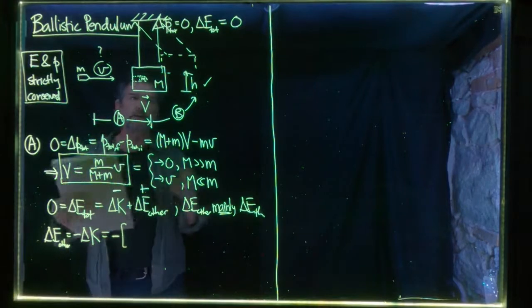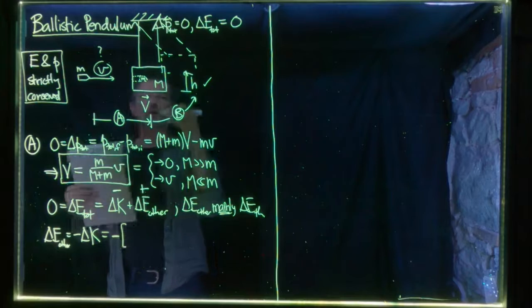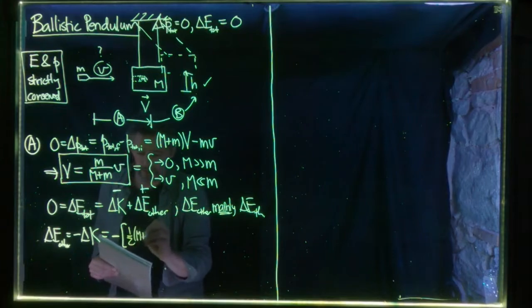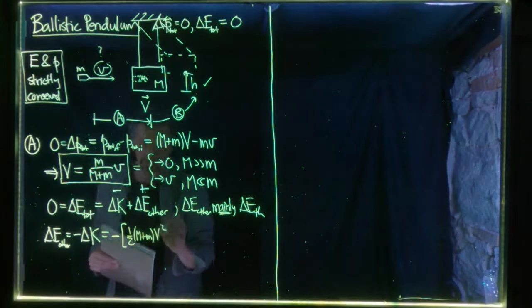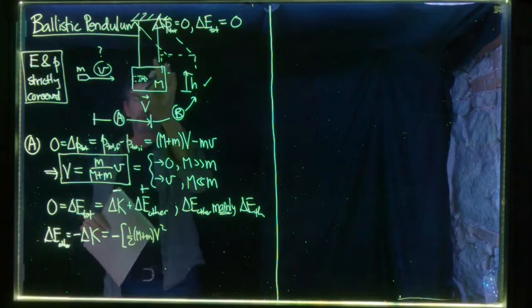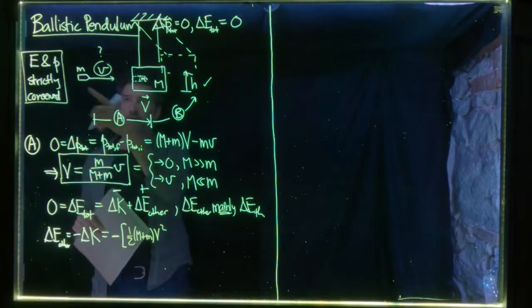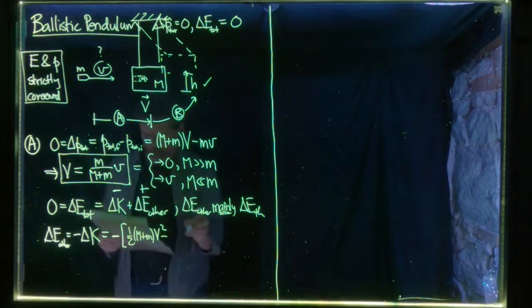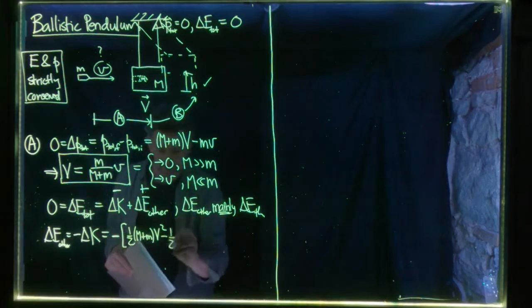The final kinetic energy is an object of mass big M plus little m moving with a speed big V. So that's 1/2 big M plus little m times speed big V squared. That's the final kinetic energy. The initial kinetic energy is a bullet moving with speed little v. So minus 1/2 little m times little v squared.